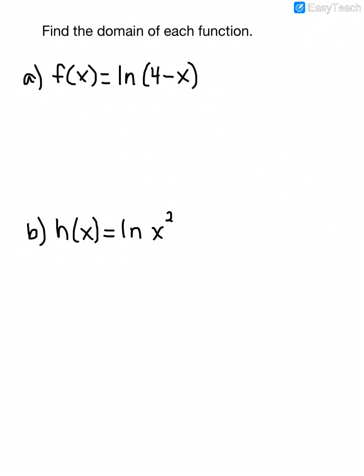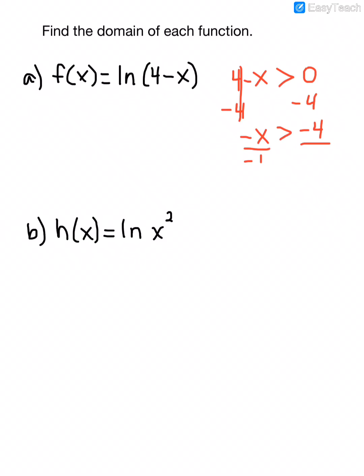Since this says find the domain of each function, remember all we have to do is say that the argument has to be greater than 0. So if I write that out, 4 minus x needs to be greater than 0. To solve this, I would subtract 4 from both sides, and I have negative x is greater than negative 4.